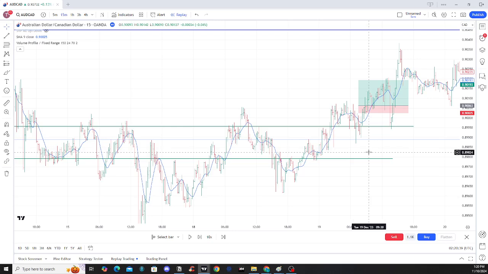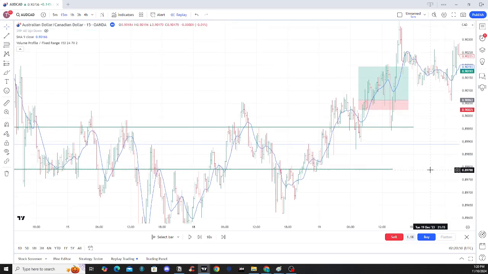This trade occurs at 9:15 a.m. on December the 23rd. So I would have had to have entered on the retest.